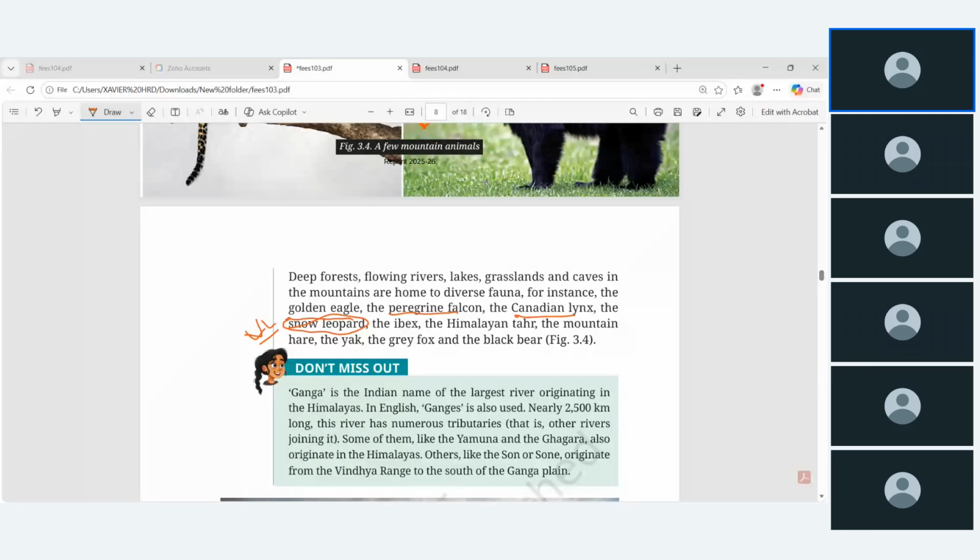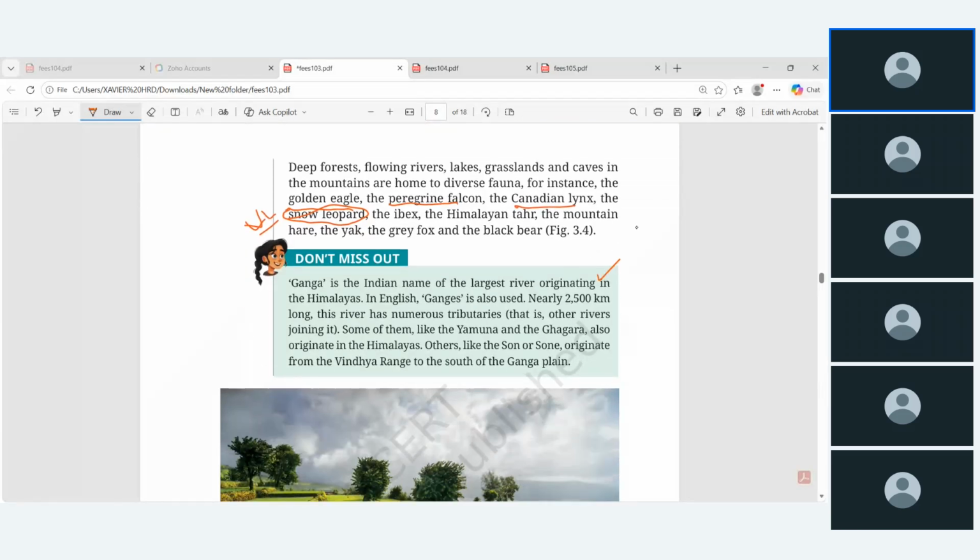Now in the green box, you read that Ganga is the Indian name of the largest river originating in the Himalayas. In English, Ganges is also used. It is nearly 2,500 kilometers long and has numerous tributaries. Tributaries means other rivers joining it. Some of them, like Yamuna and Ghagra, also originate in the Himalayas.